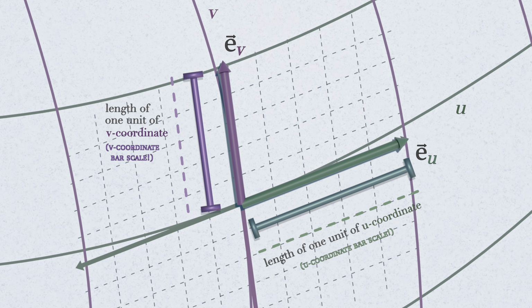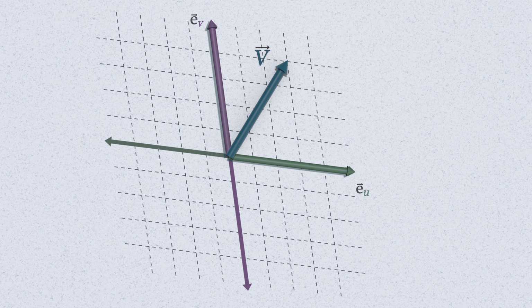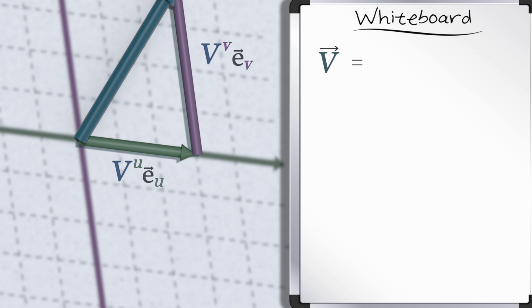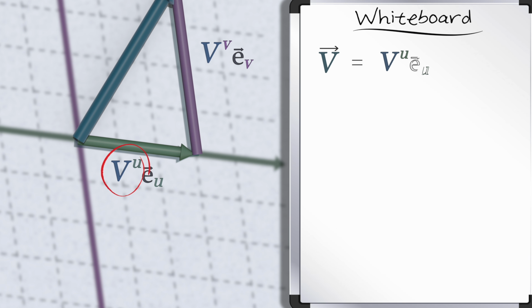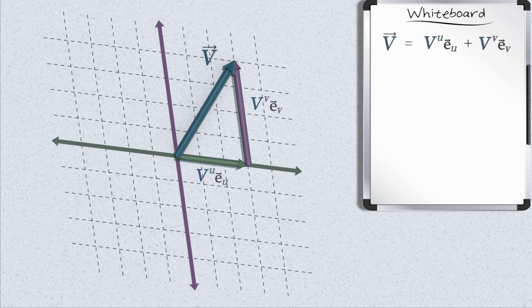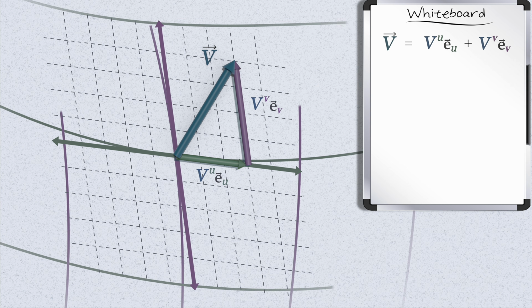Now, thanks to these coordinate basis frames, any vector v on our manifold can be expressed as a linear combination of the curvilinear basis about that point. That is, as some u-coordinate component v^u times e_u plus some v-coordinate component v^v times e_v. This in turn sets us up to take vector derivatives from within the curvilinear coordinates themselves.